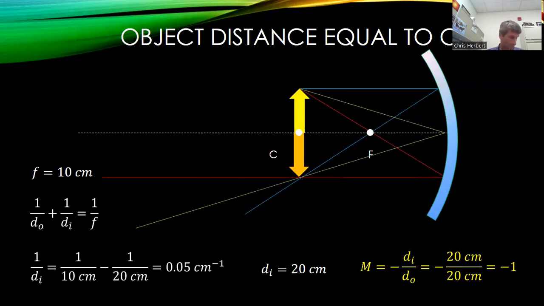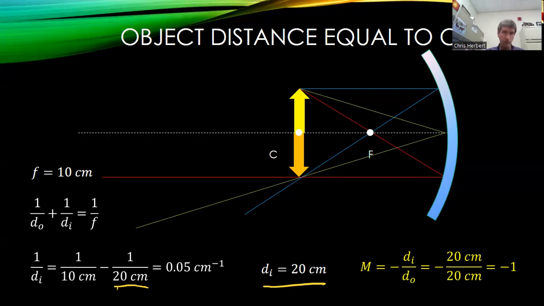So focal length, 10 centimeters. The distance to the object is 20 centimeters. Remember, the radius of curvature is twice the focal length. And by plugging in a DO of 20 centimeters, we get a DI of 20 centimeters also.